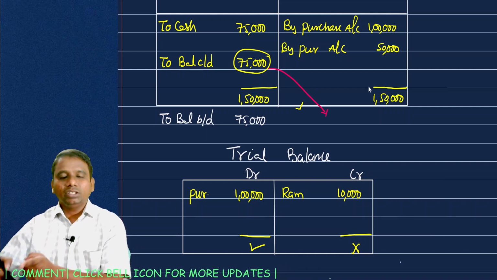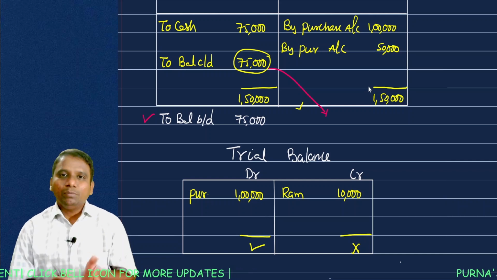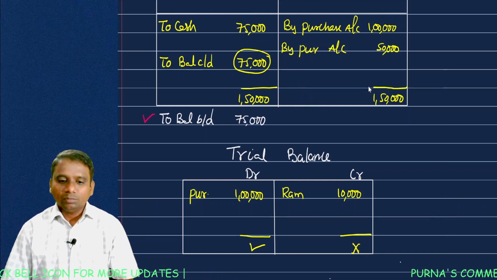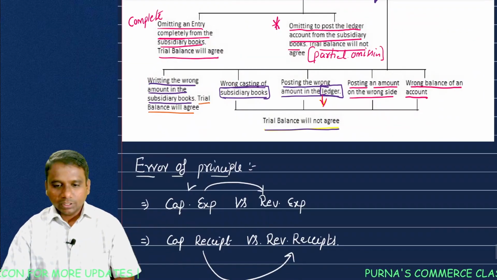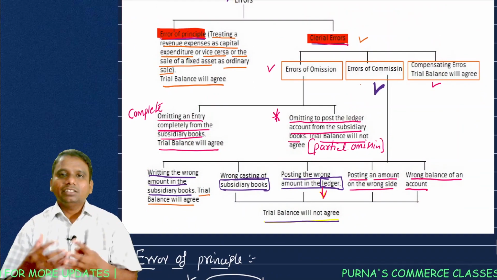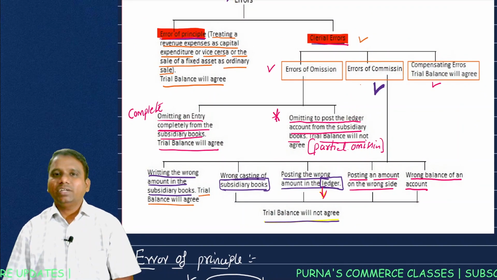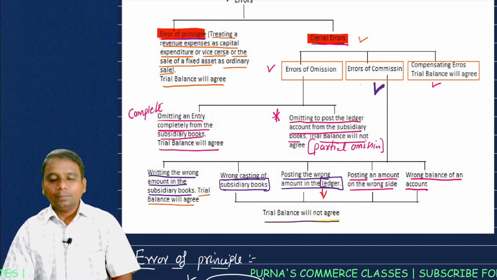But instead of showing the credit balance on the credit side, we have shown it on the debit side. Because of this also our trial balance does not agree. So these are the errors of commission. Like this, you can take any number of examples or any type of mistake you may commit.